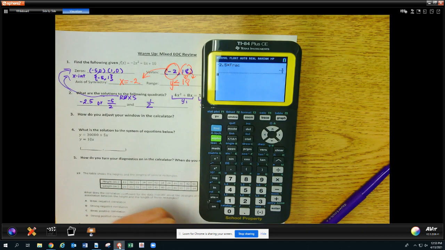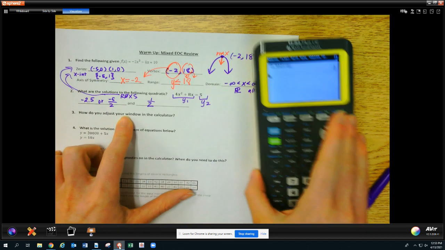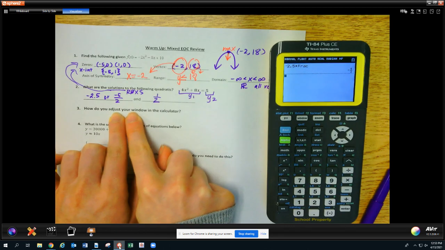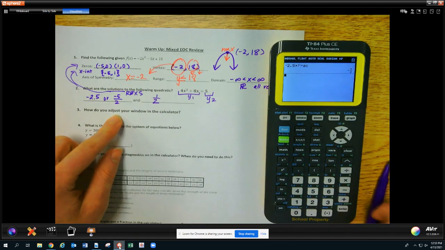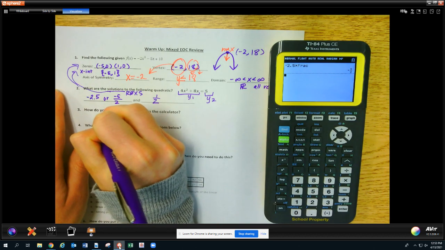Okay, so we've already talked about how to adjust your window in the calculator. And so you press window.